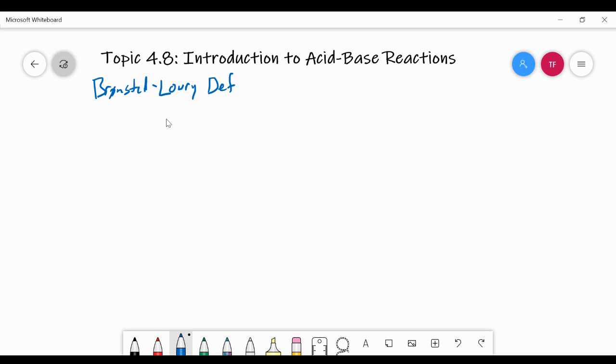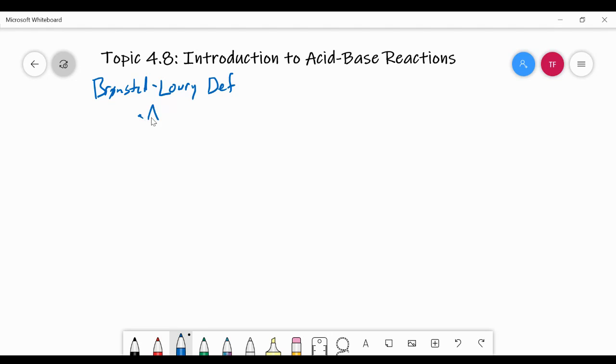Because originally acids and bases were just defined by their physical and chemical properties. So if a substance tasted sour, if it reacted with metals to produce hydrogen gas, if it fit a certain amount of physical and chemical criteria, then we called it an acid. But what made it an acid was what Bronsted and Lowry came up with.